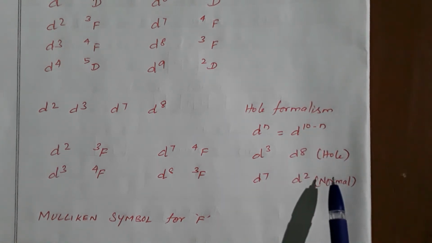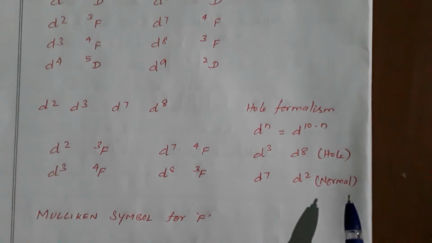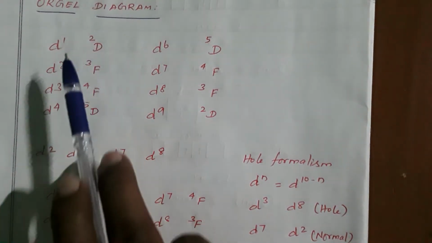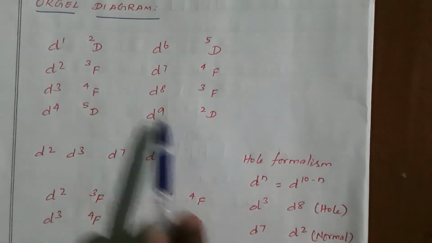That is called the whole formulation. It is an inverse of that one. It is the same as D1: for D1 it is a D2 configuration, and for D9 it is also a D2 configuration, but an inverted one.